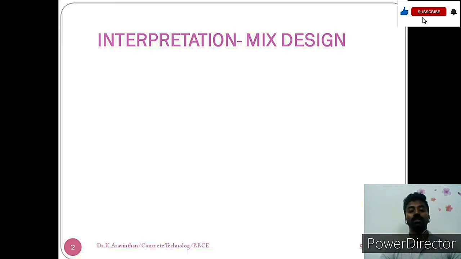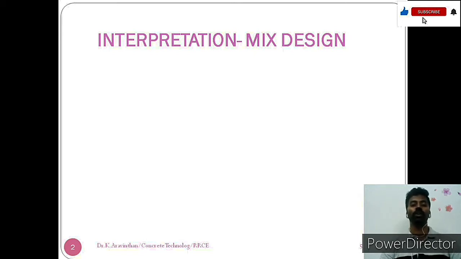The students will be making their project work with the admixtures which are available in mineral form, and they will be proceeding with their projects. So here we will discuss the steps and the guidelines which are followed in order to mix the M40 grade of a concrete.